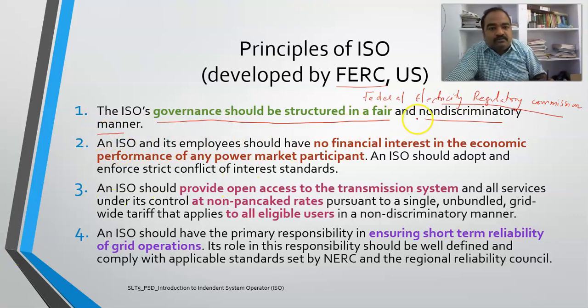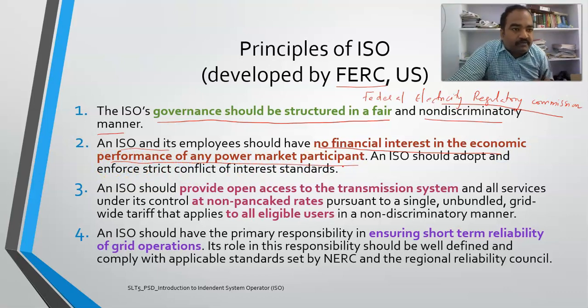And also, in order to maintain fairness and non-discrimination, the FERC has mandated that the ISO and its employees should have no financial interest in the economic performance of any power market participant, which means that none of the employees of the ISO must own a GENCO or a TRANSCO or a DISCO. And an ISO should provide open access to the transmission system.